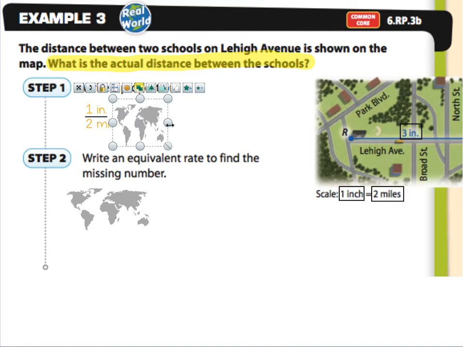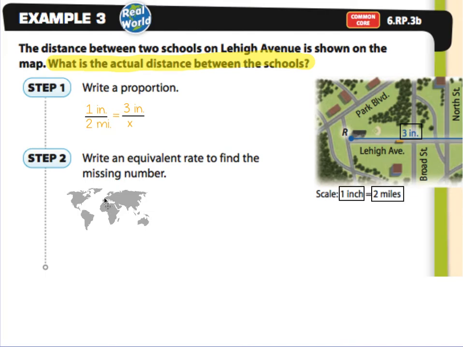We measured 3 inches. So are we going to put that on top or on bottom? Top. We're going to put that on top because on top is where we put the inches in this case. And we are looking for the actual distance, and we know the actual distance in this case is being measured in miles.